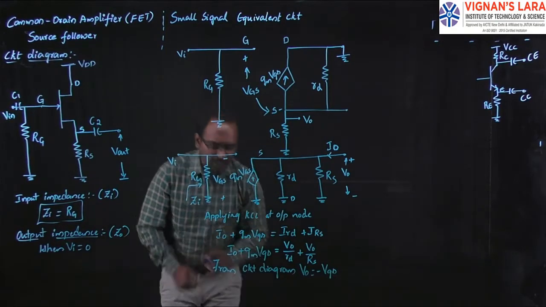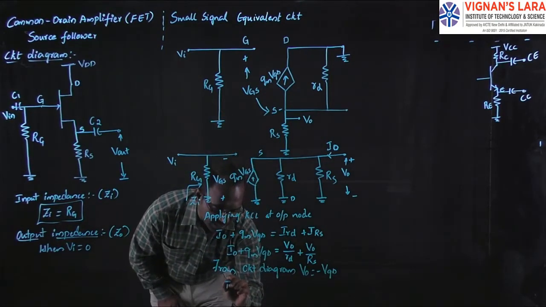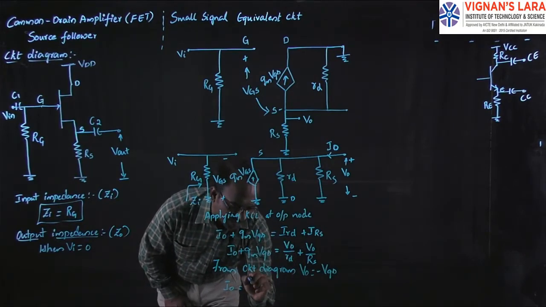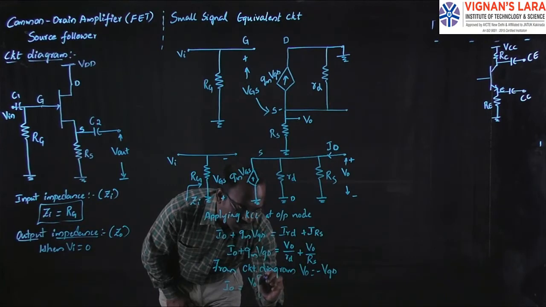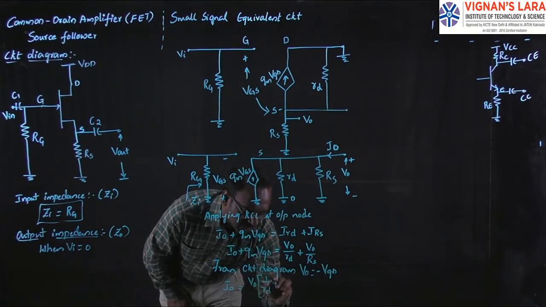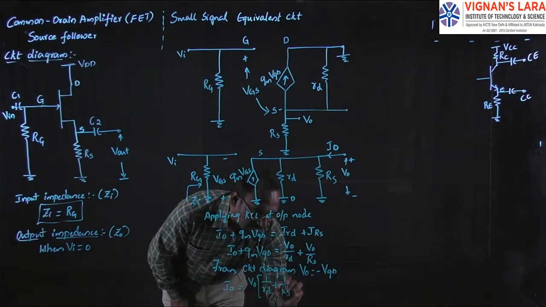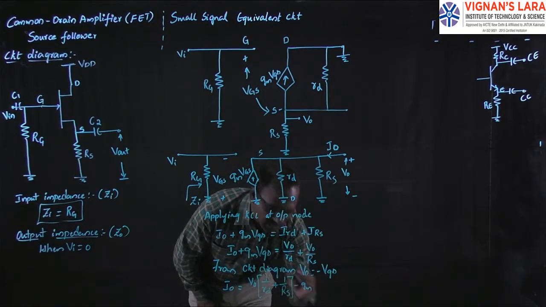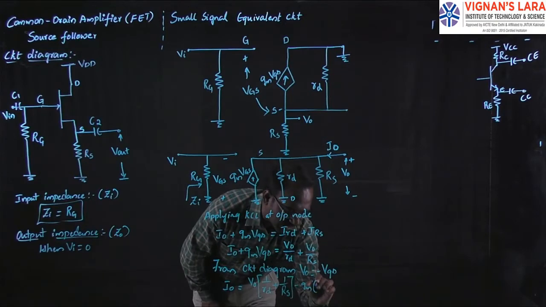Right? So I am modifying the above equation as I0 is equal to, take V0 common, V0 times 1 by small rd plus 1 by rs. Take this to this side, minus gm. In place of VGS, substitute minus V0.